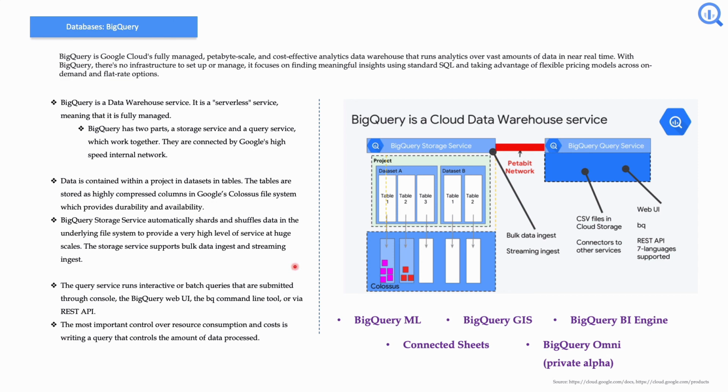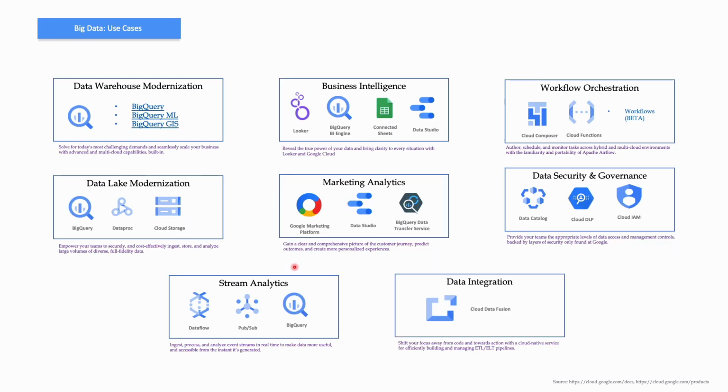So now that we have looked at all of the big data solutions, let's look at some use cases and how all of these come together. And remember the journey that we have gone through is understanding the big data ecosystem, understanding different data pipelines, understanding how you can orchestrate things, understanding how you can help in prepping that data, then understanding how you can get insights from that data.